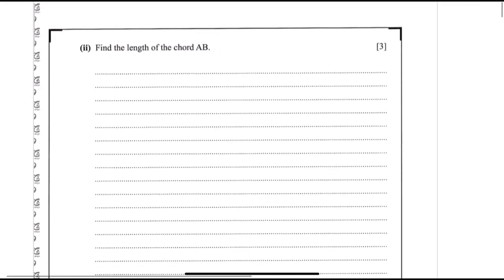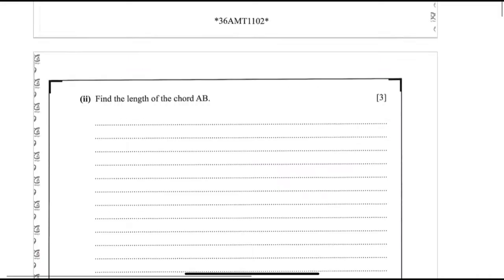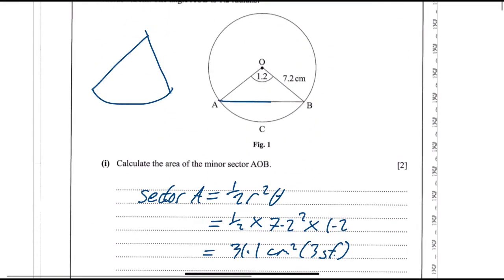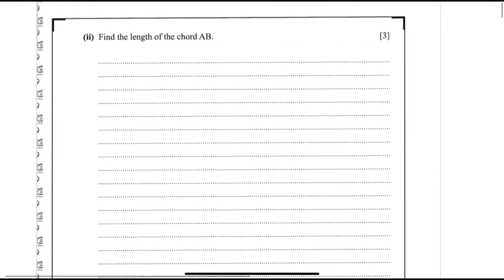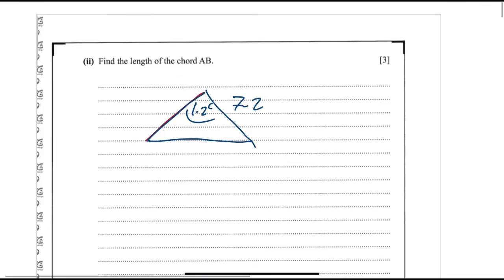Next one, find the length of the chord AB. The chord AB would be this bit up here, that wee chord. So I'll just draw that diagram again down here to make it easier for us to see. So we've got this, we knew this was 1.2 radians, this was 7.2, and I'm going to call the length of my chord 2x.